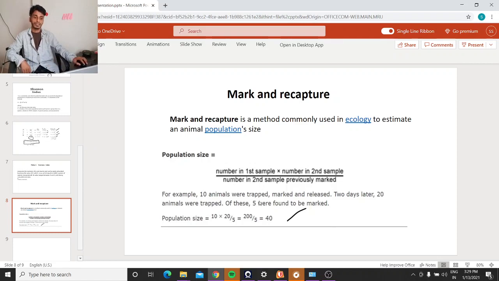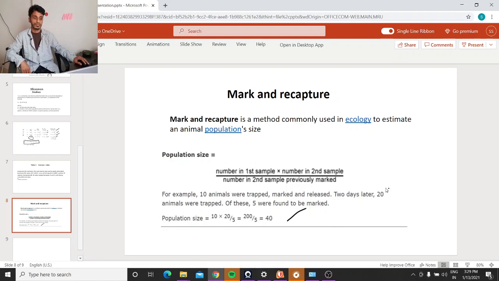If 10 animals were trapped first, if we catch 10 animals and mark them and release them, 2 days later 20 animals were trapped. After 2 days we trapped 20 animals, and of those, 5 were found to be marked.